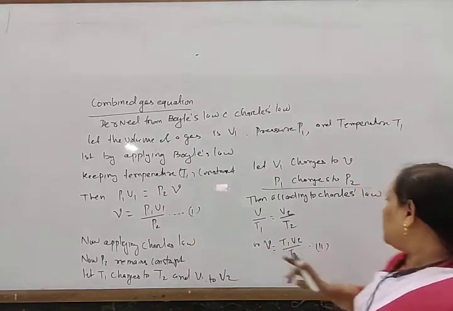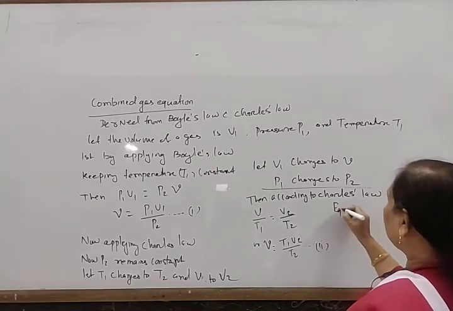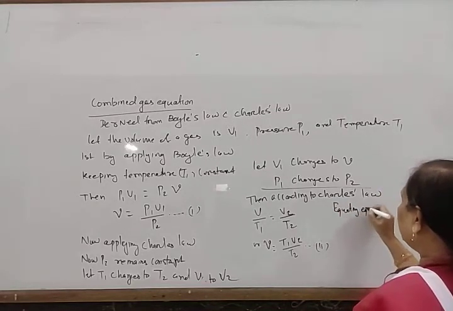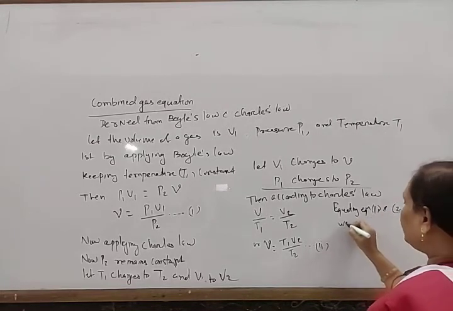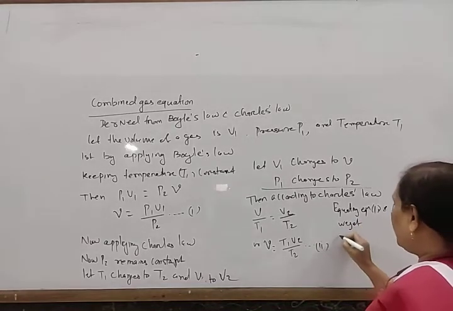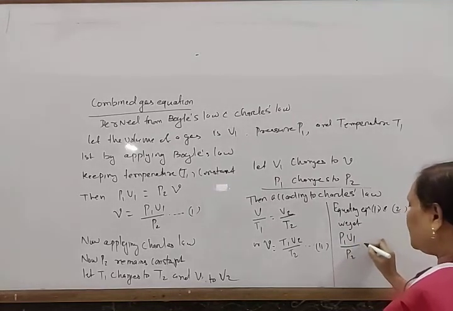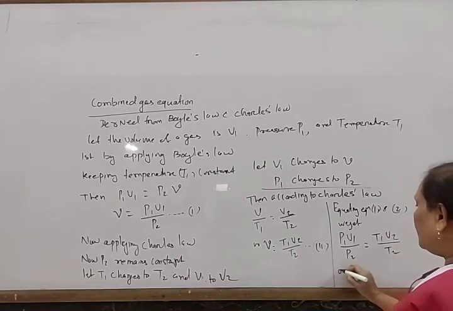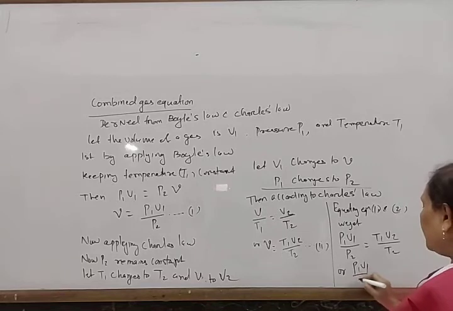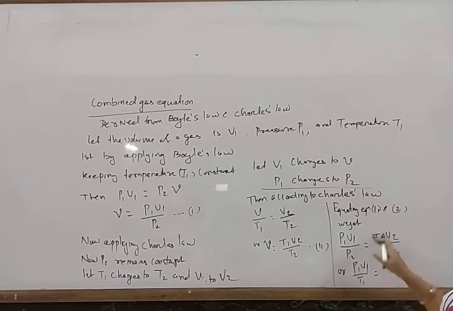So equating equations 1 and 2, we get P1 V1 by P2 equal to T1 V2 by T2, or P1 V1 by T1 equal to P2 V2 by T2.